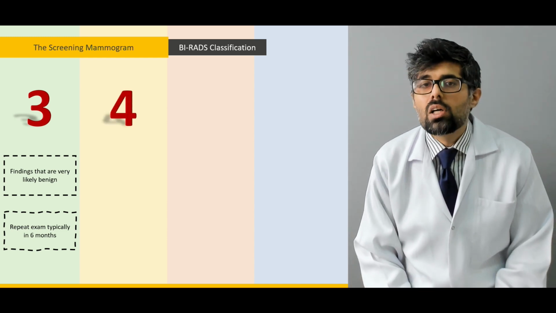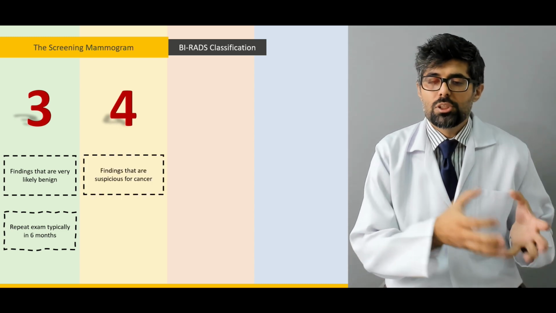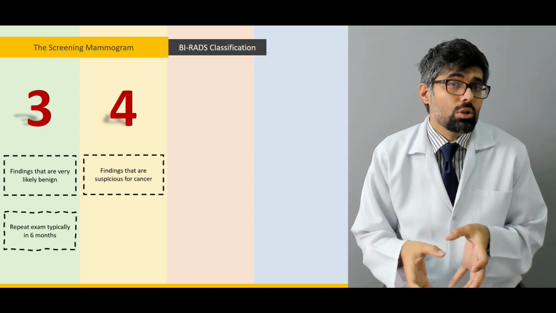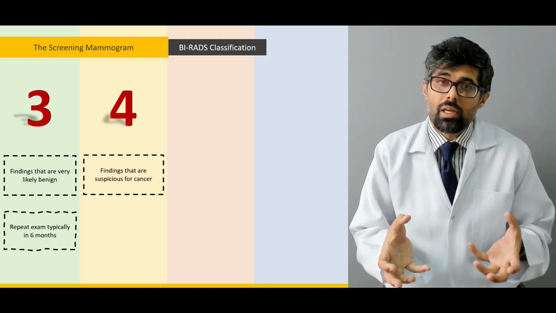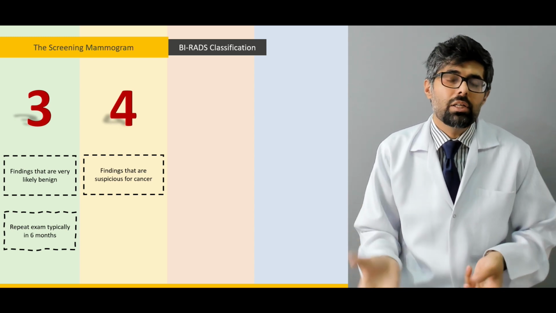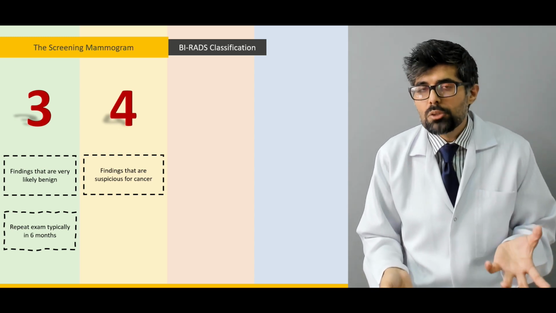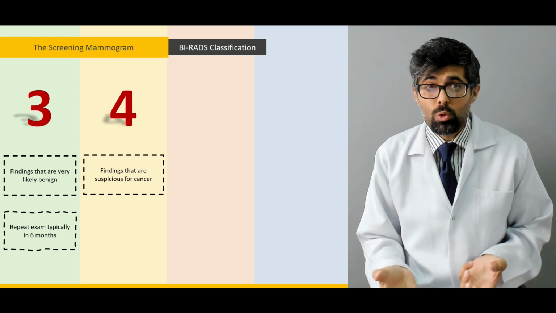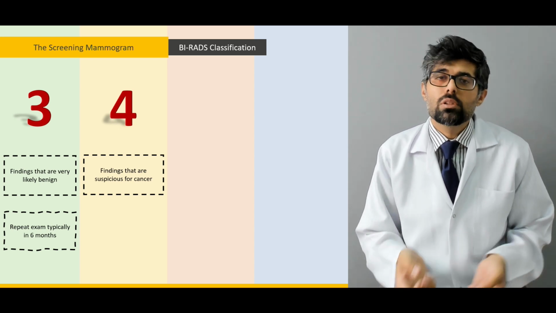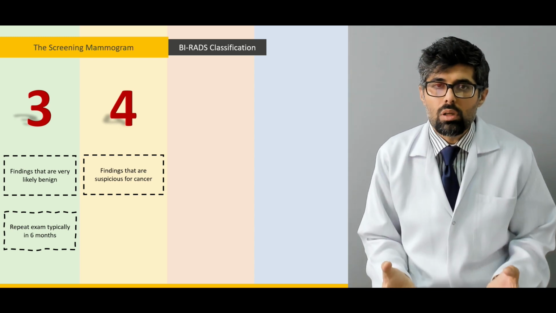Next is class 4. Class 4 has suspicion of being malignant, but it also may be benign. In class 4, the suspicion of being benign and malignant is equal. In class 3, the suspicion of being malignant was lower than being benign, but in class 4, the suspicion of being both benign and malignant is equal.